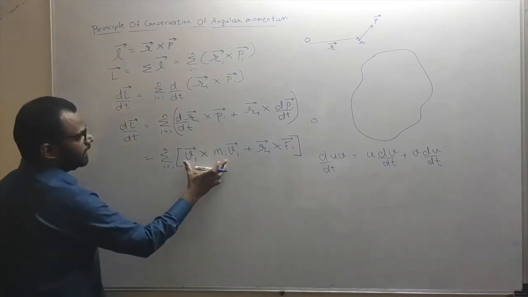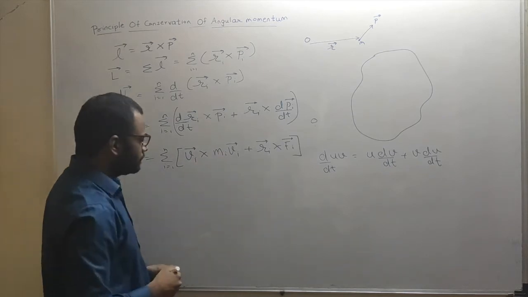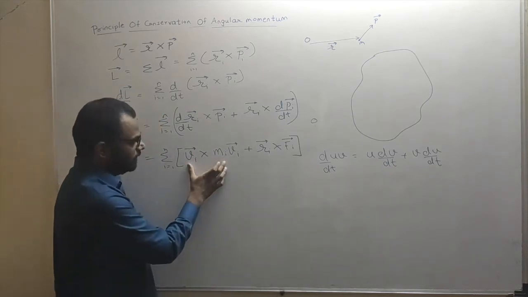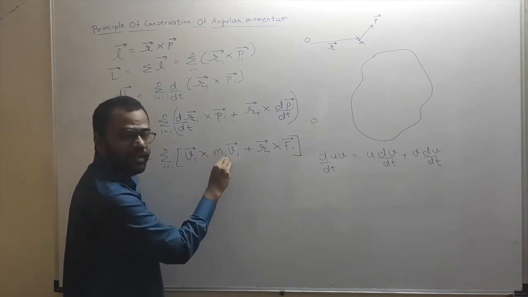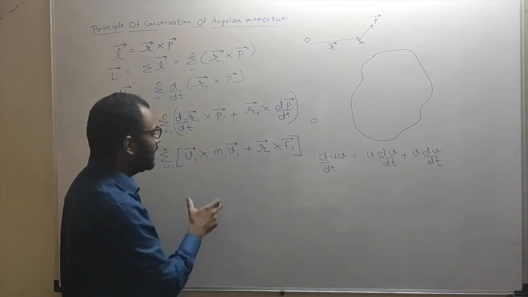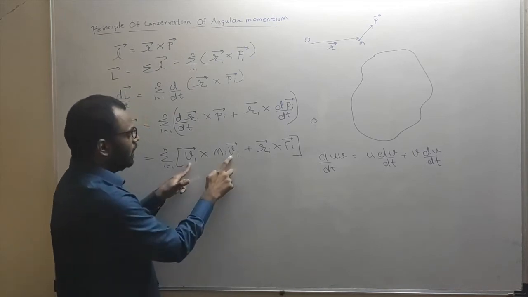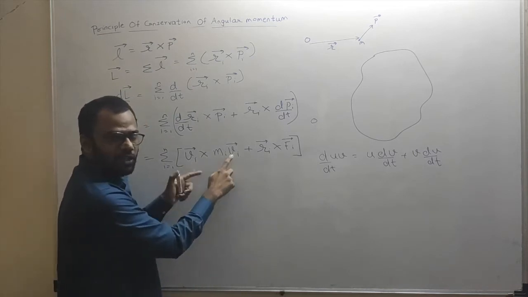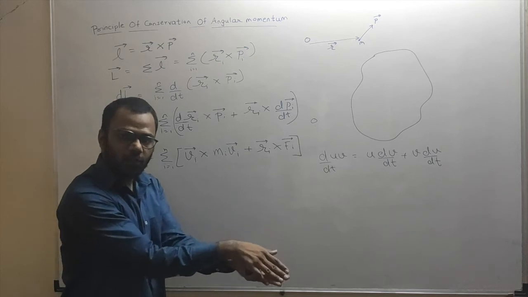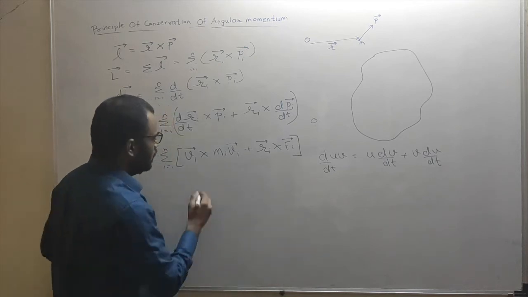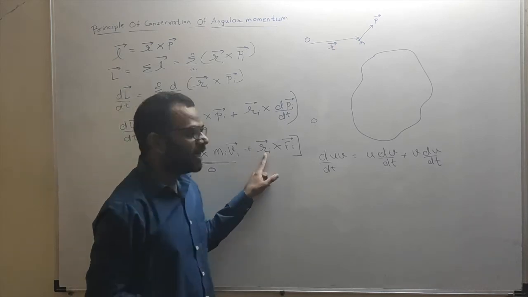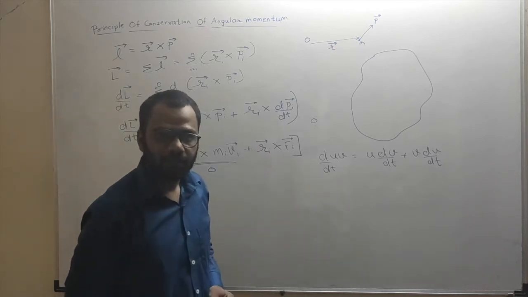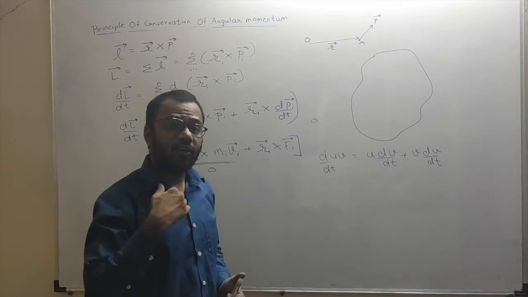Now look at this cross product. The magnitude will be v into mv sine theta, where theta is the angle between these two vectors. These two are the same vectors, vi, so the angle between them is 0. Sine of 0 is 0, so this is 0. What we are left with is ri cross Fi.